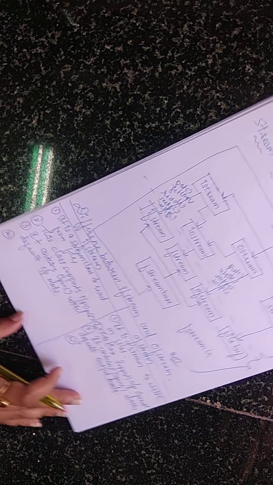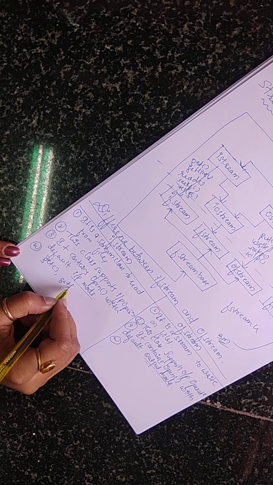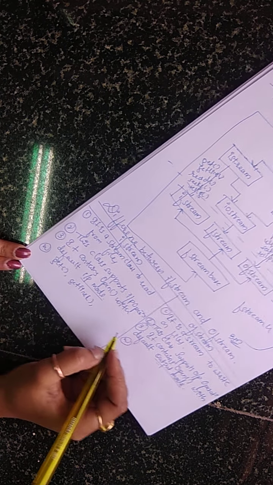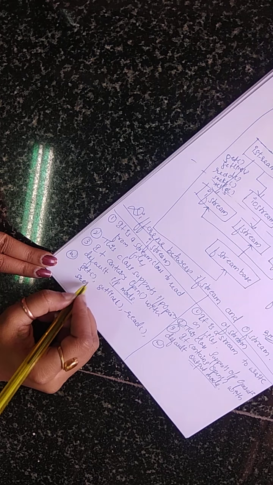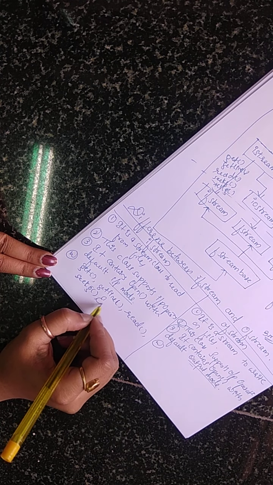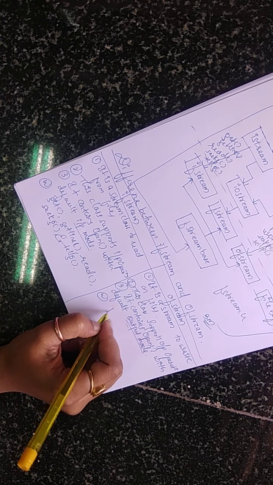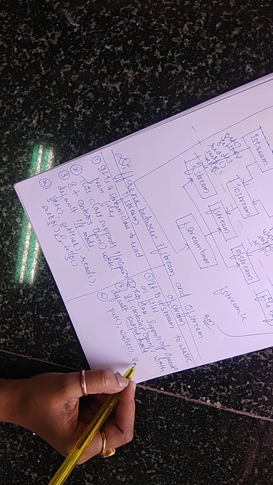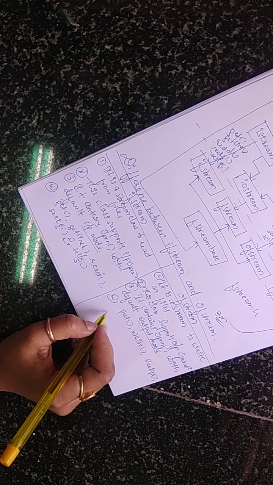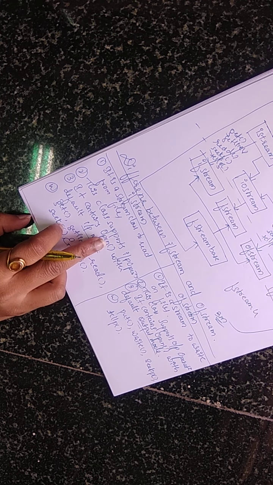In ifstream, the functions are the get function, getline function, read function, seekg function, and tellg function. And in ofstream we have the put function, write function, seekp function, and tellp function. These are all the differences we have between the ifstream class and ofstream class.